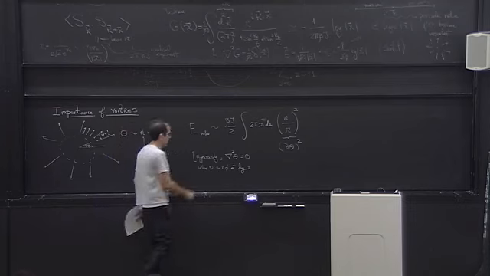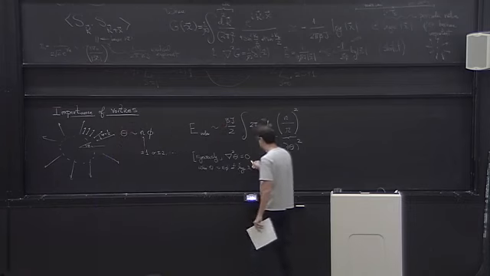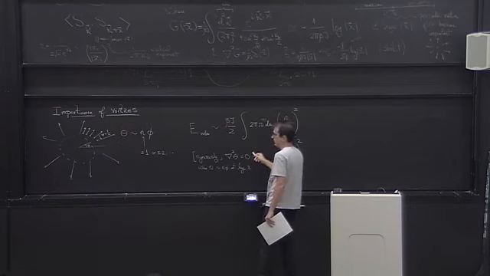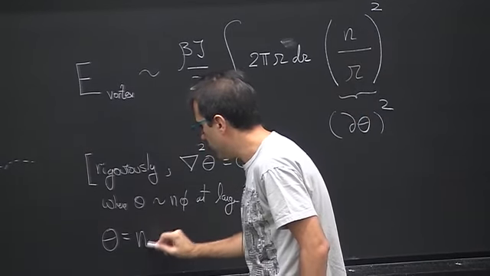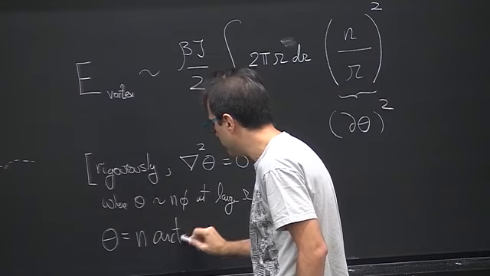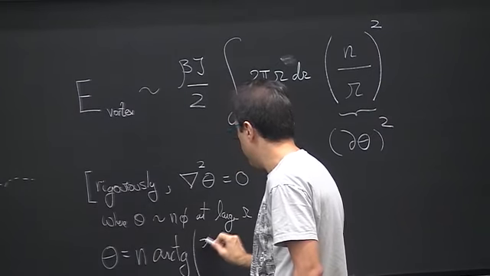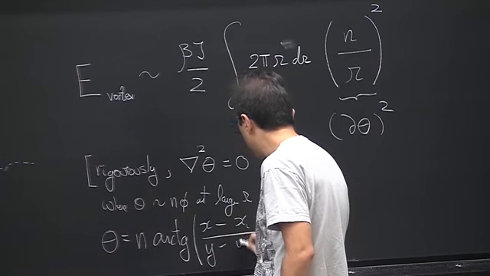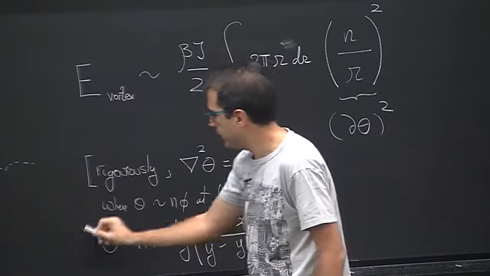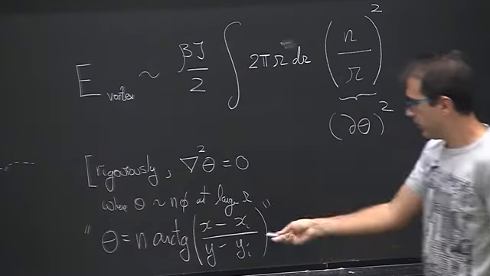Okay. And indeed, you can find these solutions. They exist. I could even write them down. It would be something like theta equal n times some arc tangent of x minus the position where it is divided by y minus yi. I think it's something like this, but I would have to think more carefully.